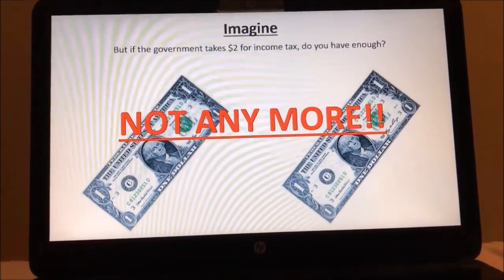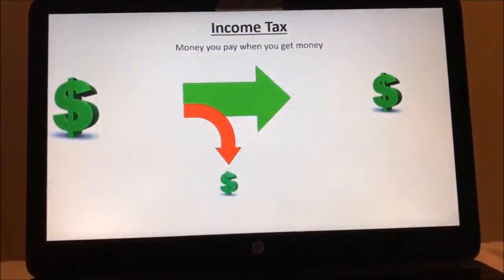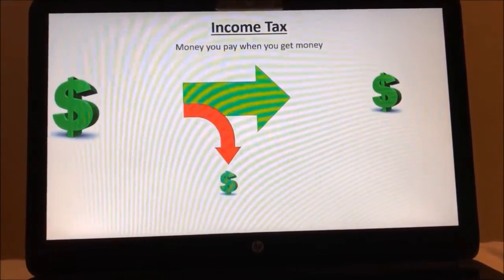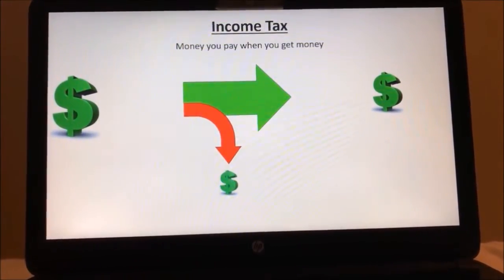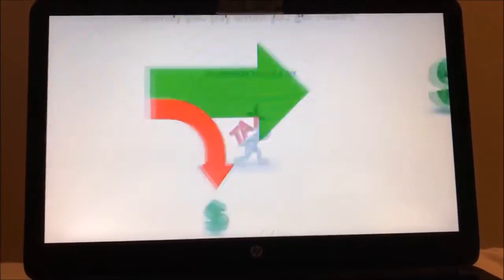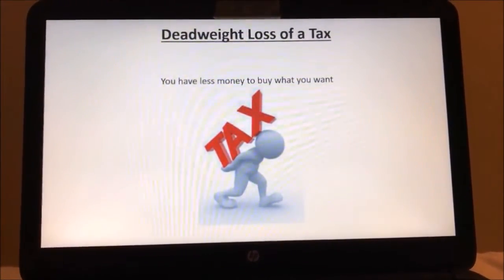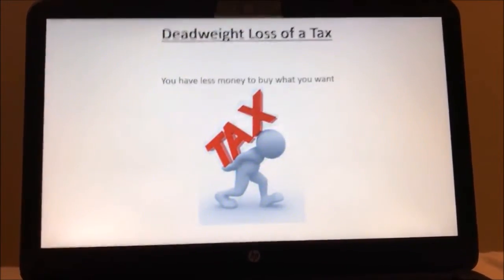You're $1 short of buying it. Income tax is the money you pay when you get money. So when you get a paycheck or money comes in, it's diverted first and goes to the government. So really, the deadweight loss of a tax, you have less money to buy what you want after you're taxed.